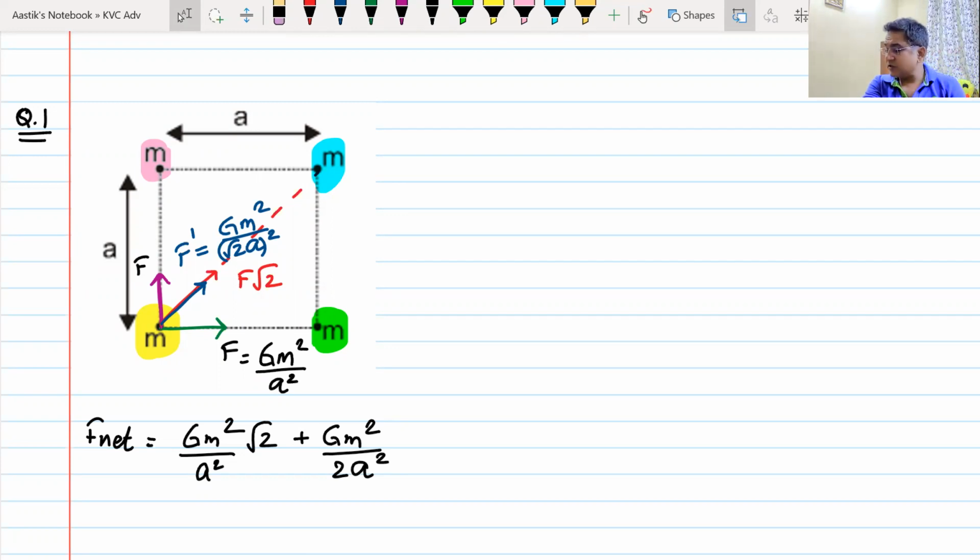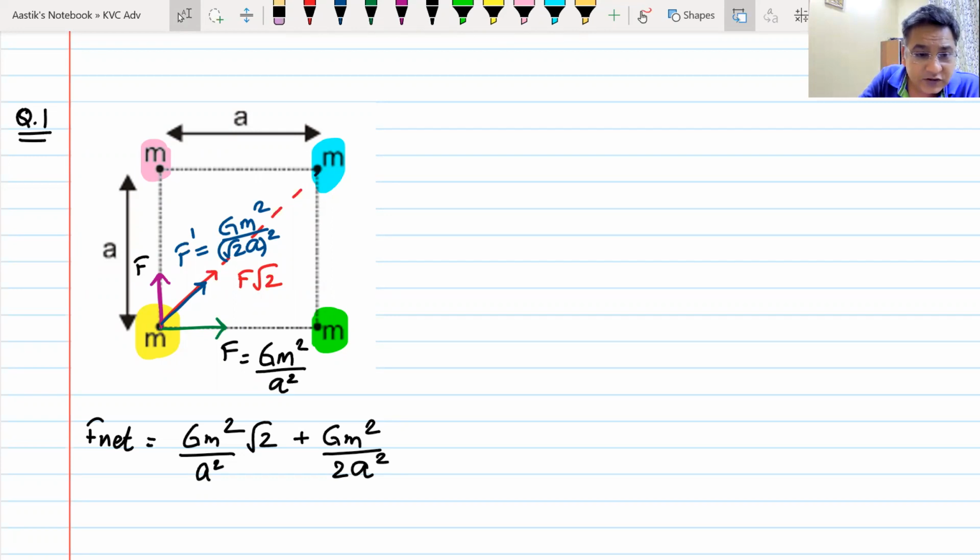That means whatever questions we have done up till now can also be called questions of gravitational field rather than gravitational force. Do we understand this? Yes or no? Yes, sir. We don't have to do any further questions.